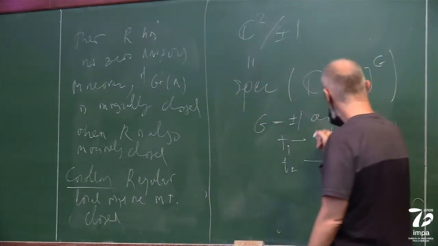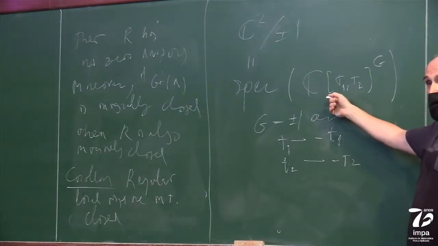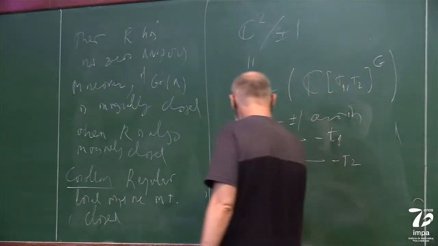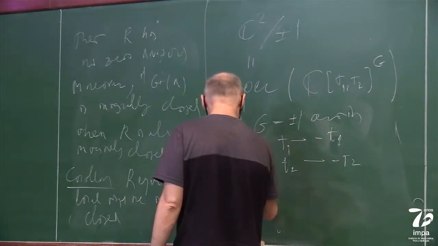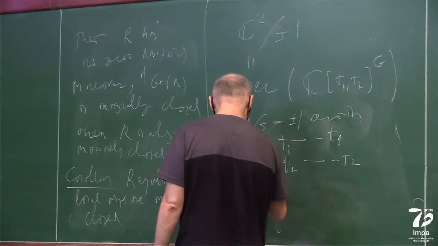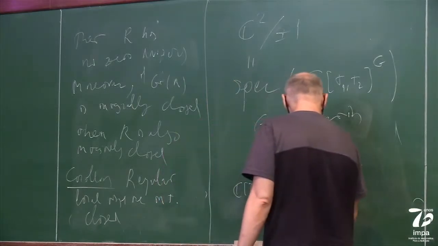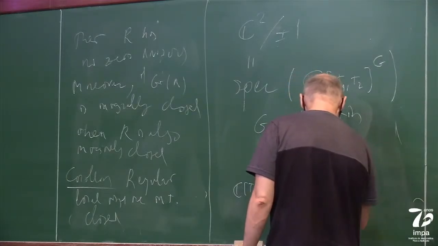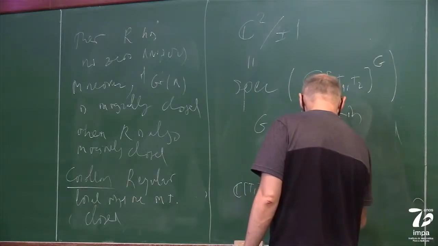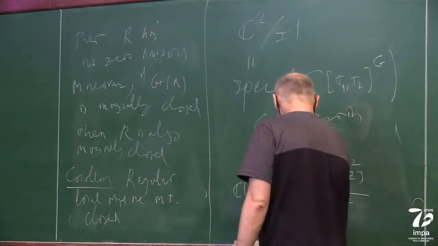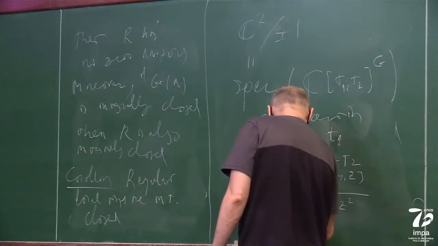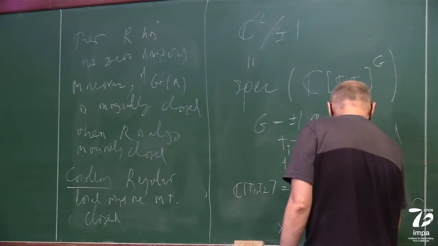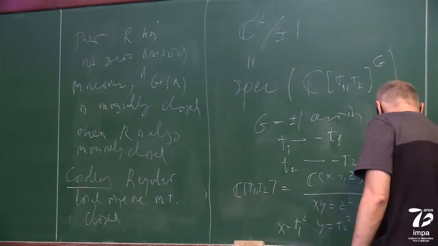Okay, but we know what this is. This is the ring of even polynomials, right? So it's polynomials of even degree. So this ring C[T1, T2] invariants is the same as C[X, Y, Z] quotient by XY equals Z squared, where X is T1 squared, Y is T2 squared, and Z is T1 T2.